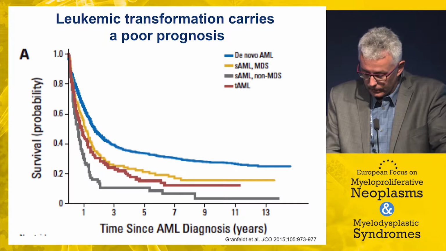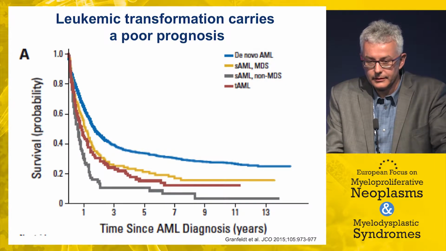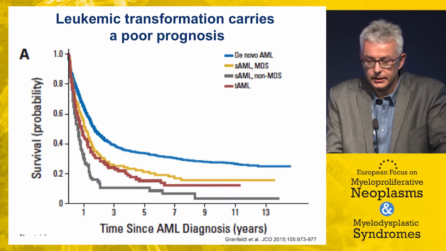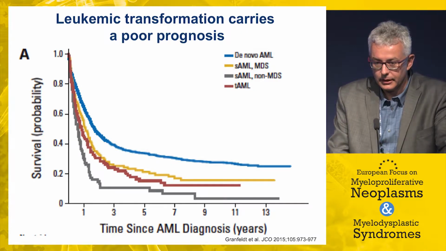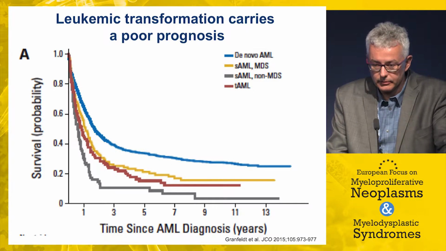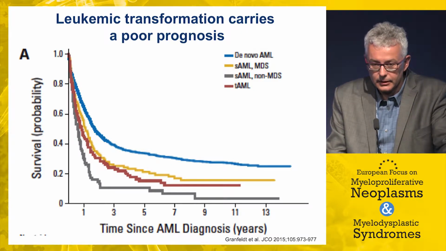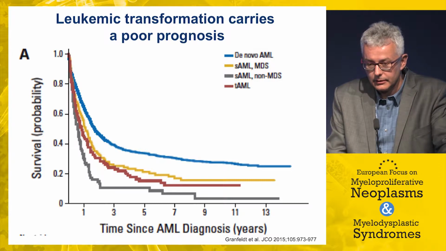And so how are we doing with our ability to successfully treat patients with acute myeloid leukemia after MPN? This is from 2015, and let's just look at this. The blue line is de novo acute myeloid leukemia, overall survival, and what we have here in yellow and orange is secondary acute myeloid leukemia from MDS or therapy-related acute myeloid leukemia.